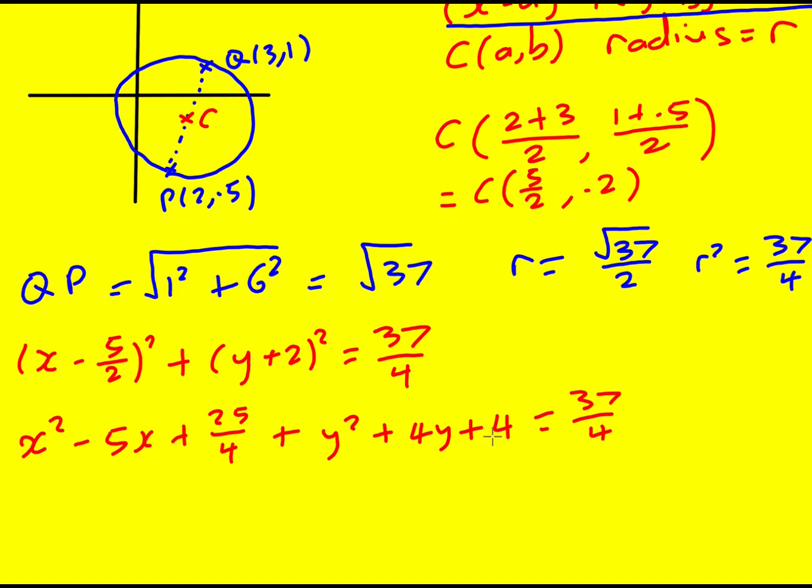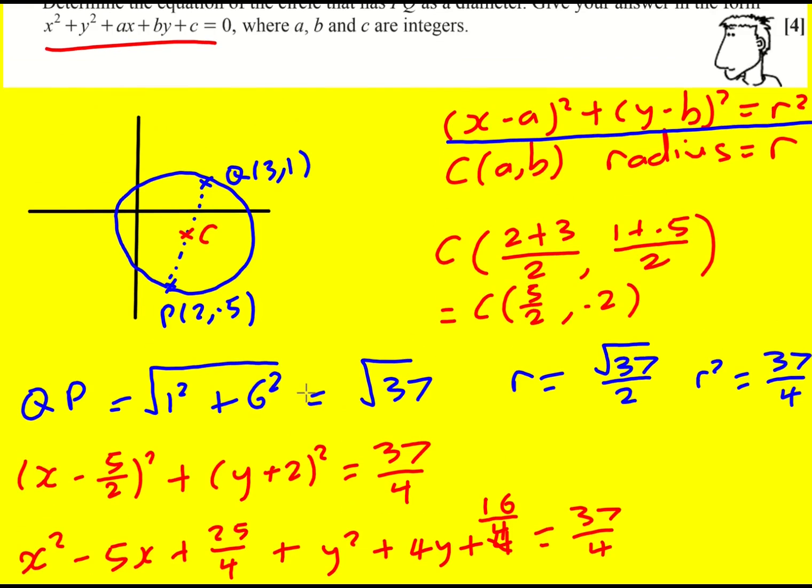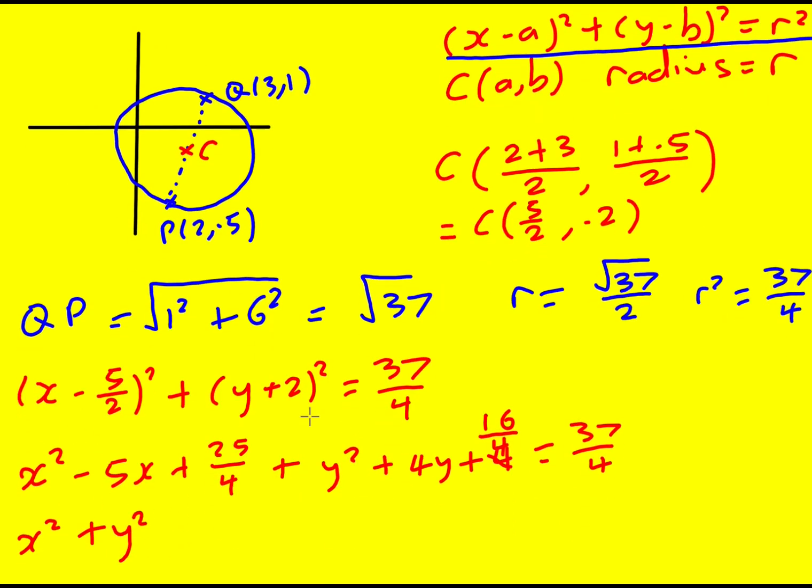I can write 4 as 16 over 4, which gives me 41 over 4. I will write that line out, I think. So x squared plus y squared, I'm just sort of slowly getting it into the right form, minus 5x plus 4y.